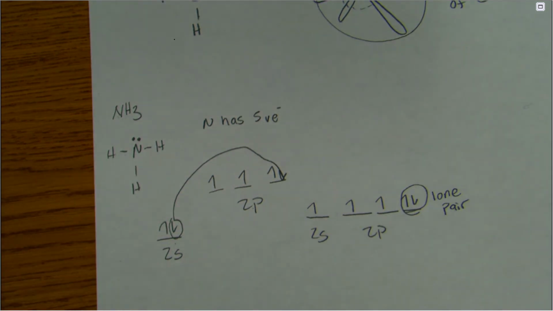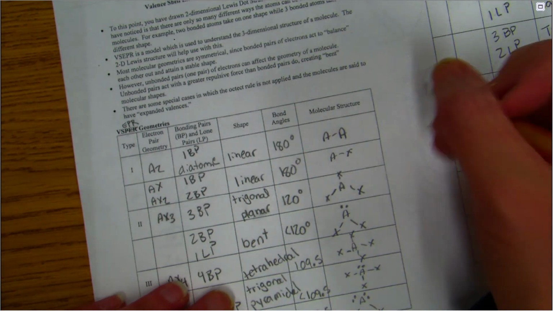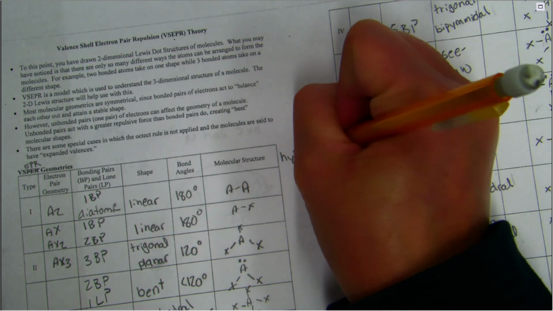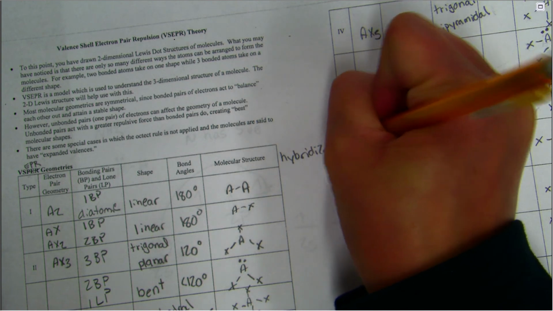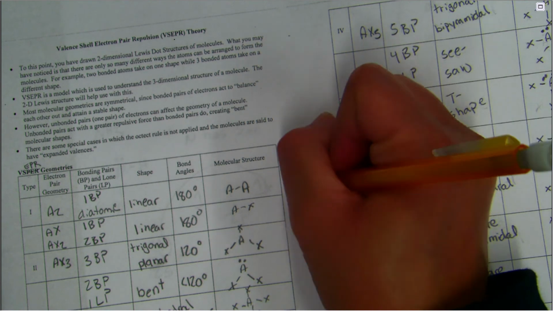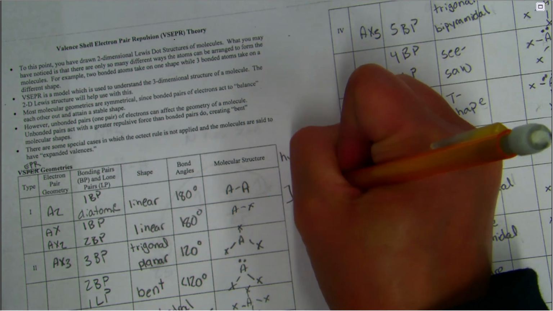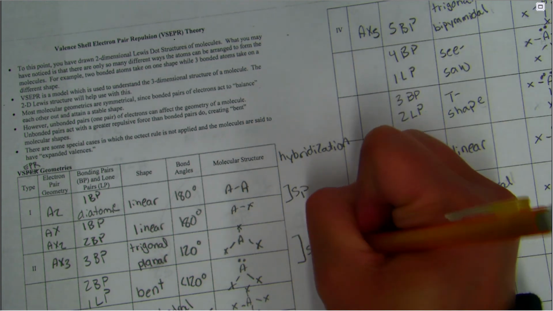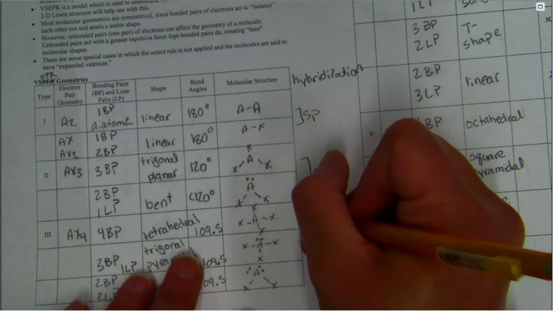So the way to do our hybridization basically is we have to add up. Okay, so let's look at our chart in terms of hybridization. These are sp, and these are sp2, and these are sp3.